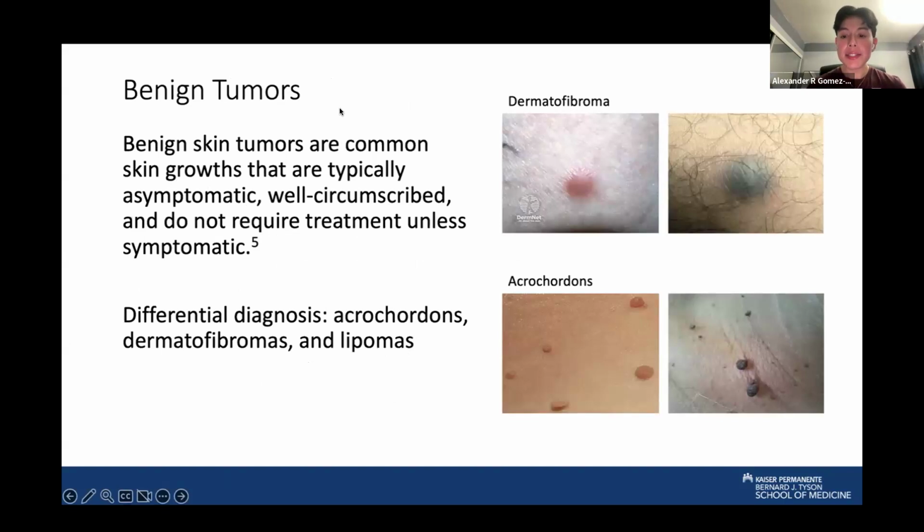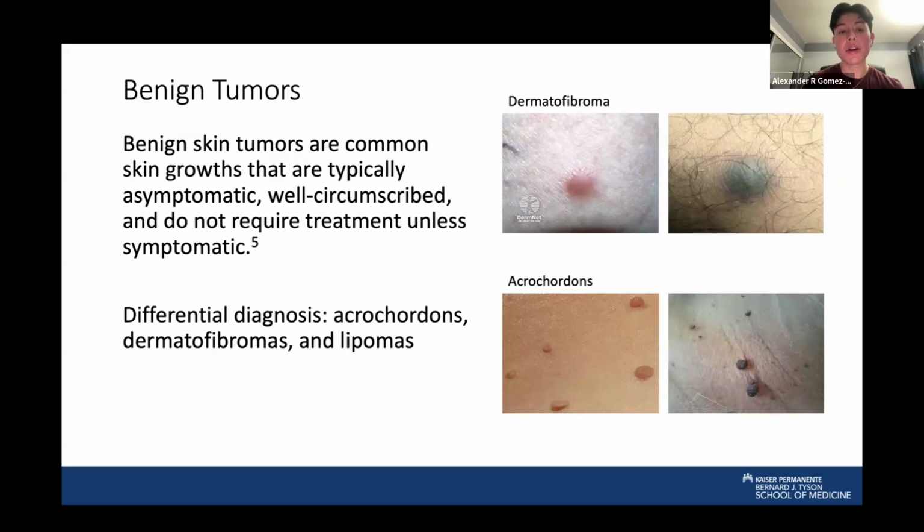And so for benign tumors, I feel like there's this notion of thinking of tumors as associated immediately with cancer, but a lot of tumors can be benign and have no risk of malignancy. It's hard to sometimes decipher what is cancer versus what isn't if you don't have the training, obviously.